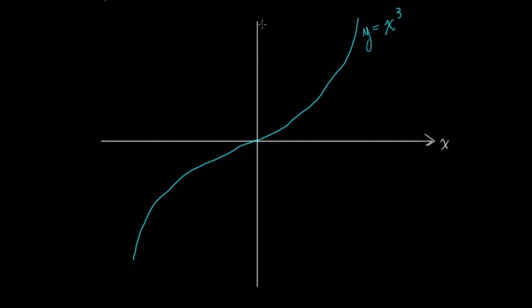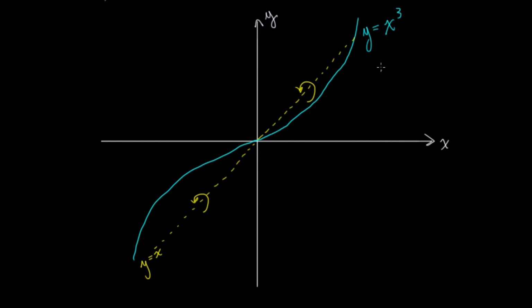Okay, here's x, here's y, and essentially with an inverse function, you're going to flip or reflect the graph of your base function around this line. And this line is y equals x, or 45 degrees, or pi over 4, however you want to visualize it.